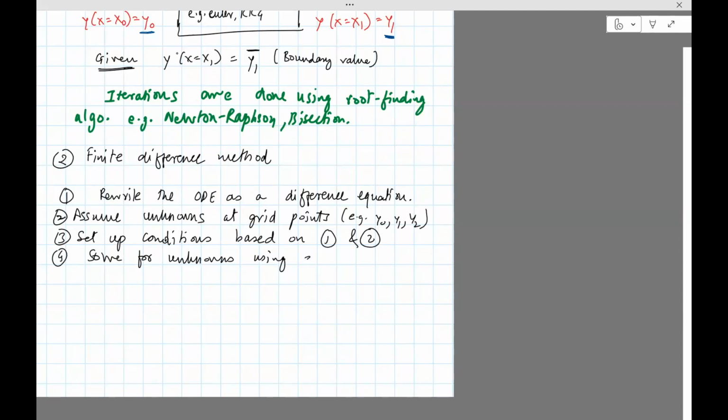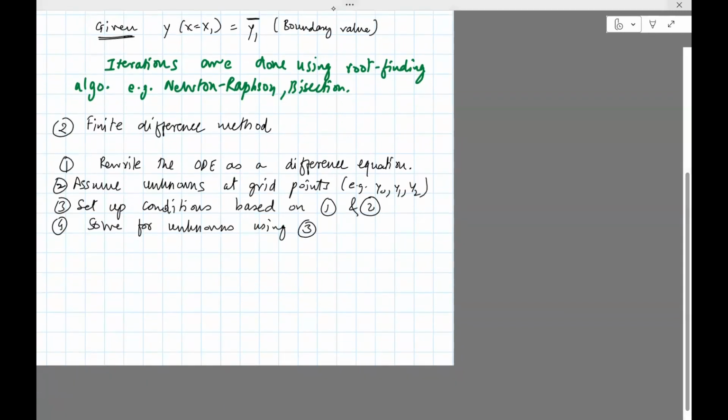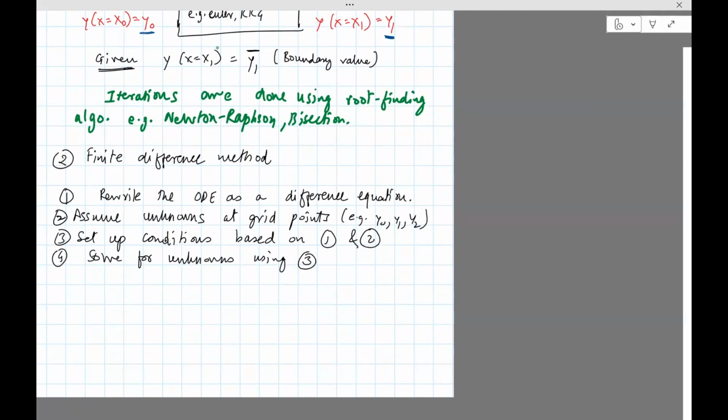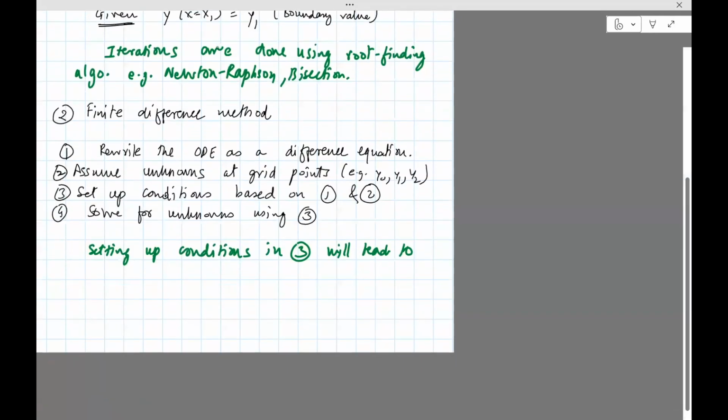So this will typically involve setting up conditions that will lead to algebraic equations.